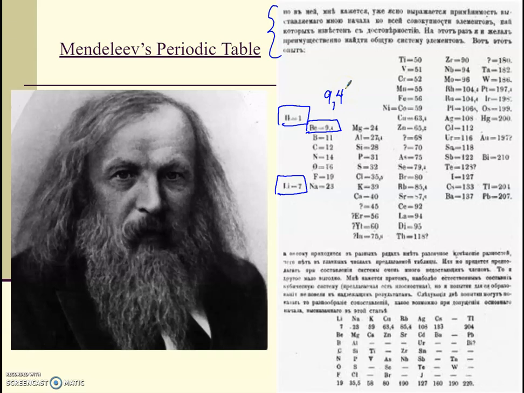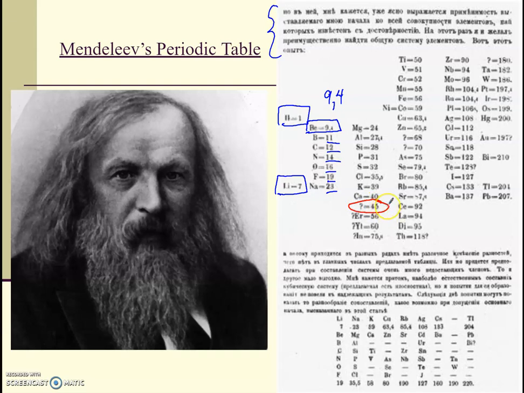My mom is from Poland and she does that sometimes and it always messed me up. Boron is 11, carbon's 12, nitrogen 14, oxygen 16, fluorine 19, sodium 23, and not exactly the most logical of all numbers.